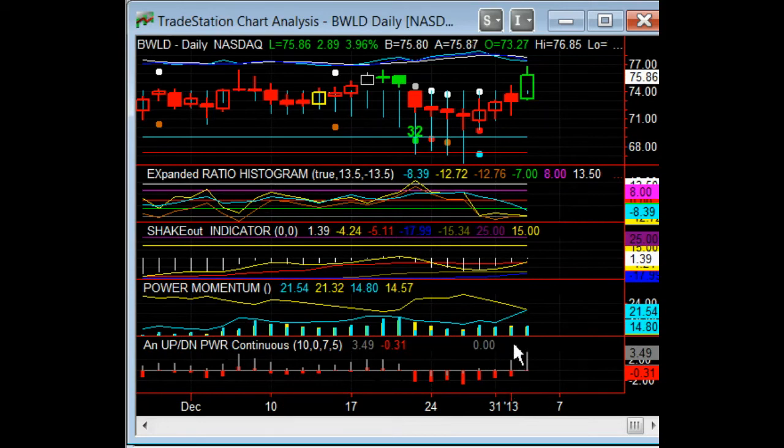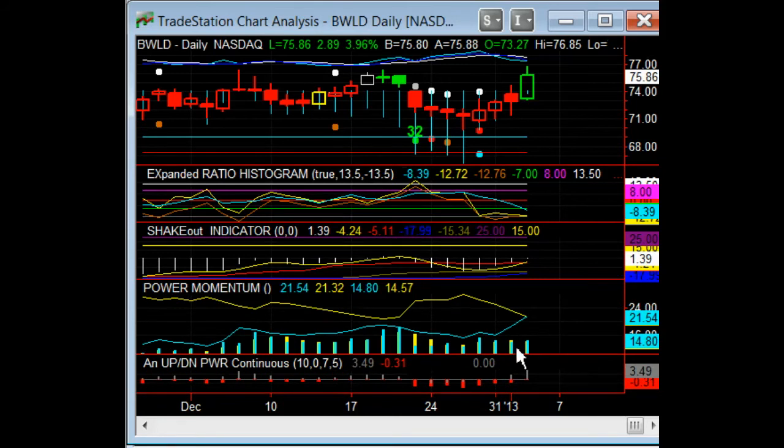There are none, so that's not a factor, and I don't worry about the fact that I just saw this yellow pop up here. That's nice confirmation from my up-down power. Now if I had seen the red midway up and had a 0.7 relationship, yeah, I'd be concerned about that setup being overbought. But the fact that I didn't see that left us free to explore the possibilities to the upside. And there you have it. That was a nice one from Buffalo Wild.